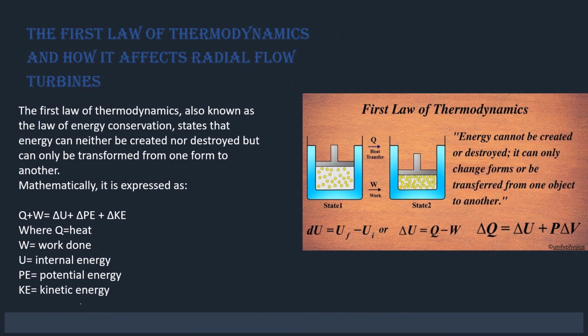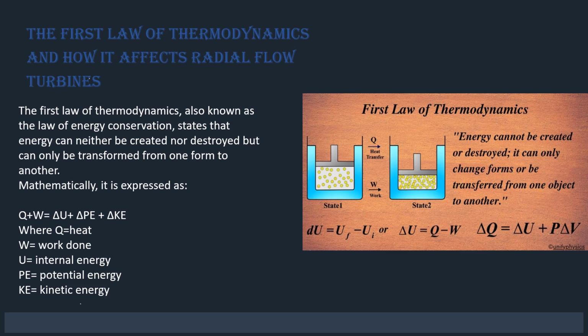Now we look at the first law of thermodynamics and how it affects the radial flow turbines. The first law of thermodynamics, which is also known as the law of energy conservation, says that energy cannot be created nor destroyed, but can only be transformed from one form to another.